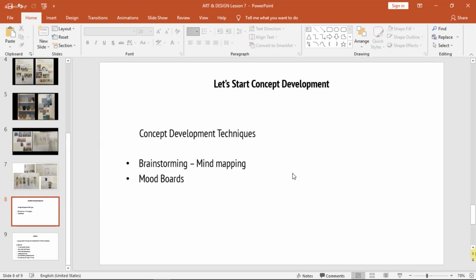So the first stage, research and concept development stage, we are using two techniques. First thing is brainstorming. For the brainstorming technique, we are using a tool called mind mapping. Mind mapping is that you spread your ideas on a paper.